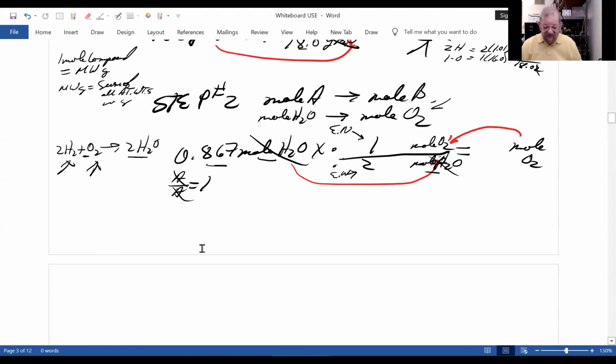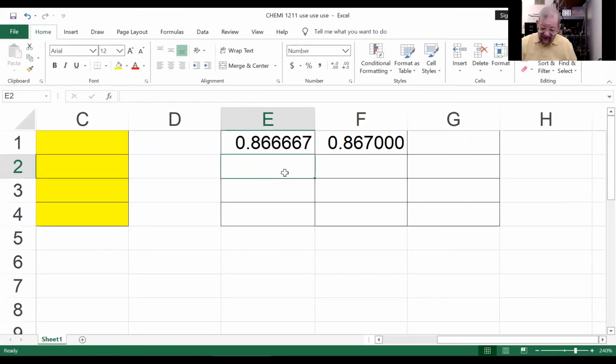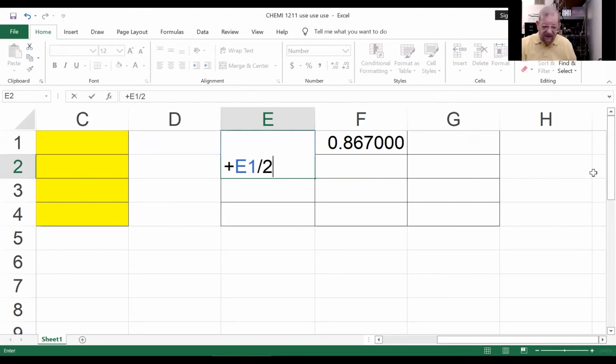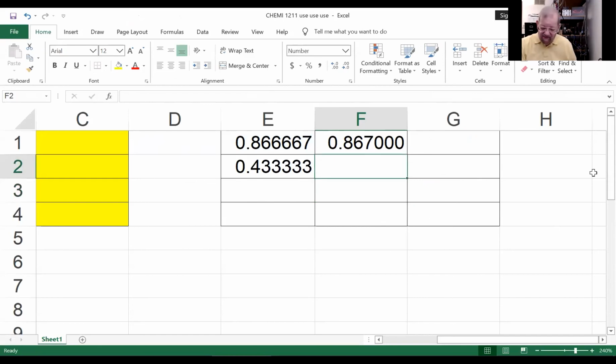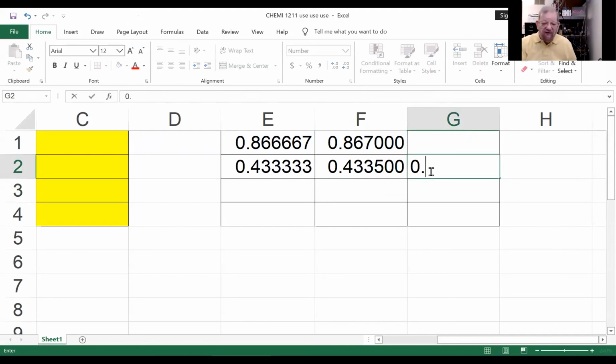I'll go back to my spreadsheet. And here's how I do both ways. Now this number right here, I'm going to round off to 3 significant figures, and this would be 0.434.